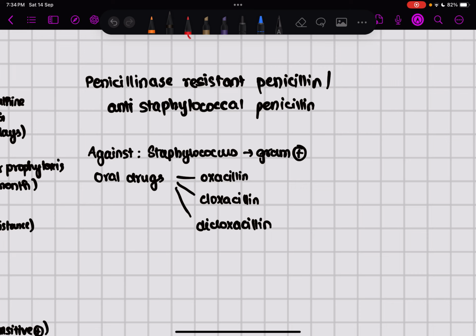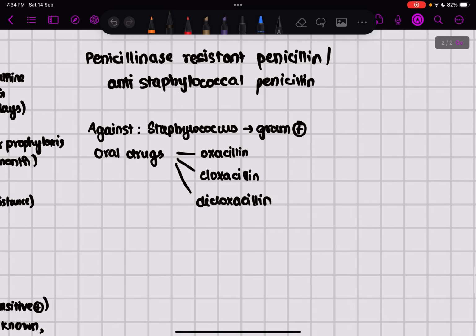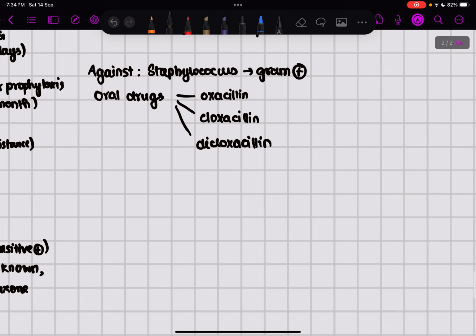So oxacillin, cloxacillin and dicloxacillin are the oral drugs. They are used against these infections. These staphylococci are present in the skin, so they cause skin related infections. So they are used in mild to moderate cellulitis and mastitis.